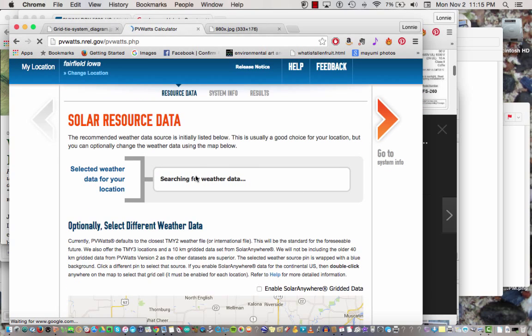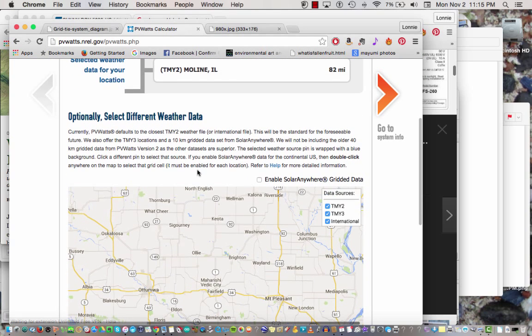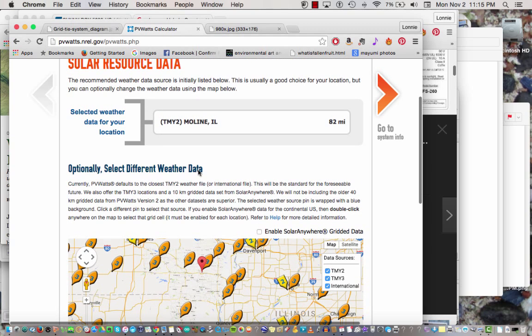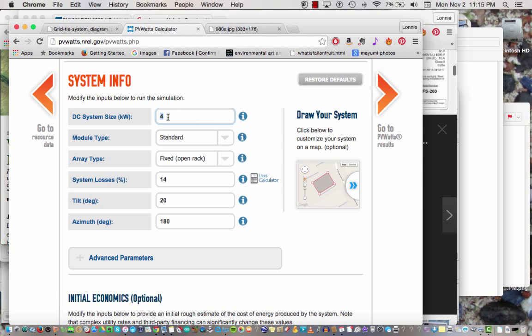It's taking a minute for all this to come up. See, there's quite a bit of weather data here, and let's just go with the one from Moline. It's going to be close enough. We could select another weather station.